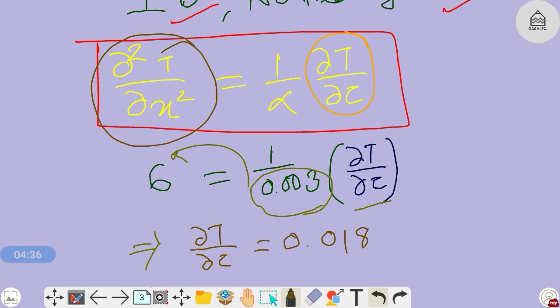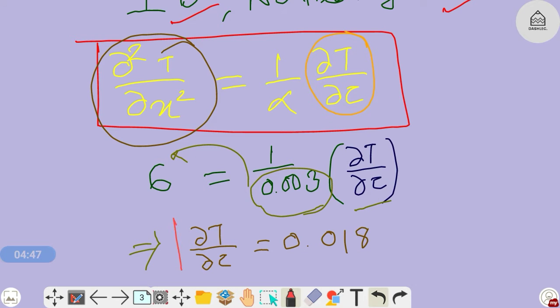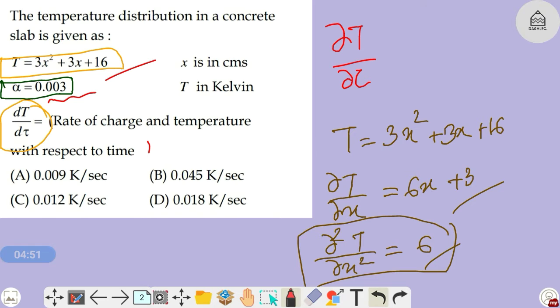Any doubt? 6 into 3, 18, into 0.001, that will be 0.00018. Okay, this is our answer, option D. So let's move to the next question.